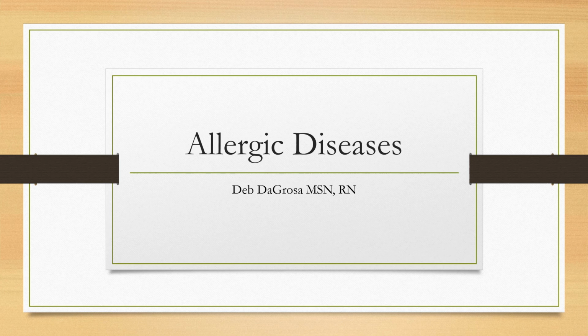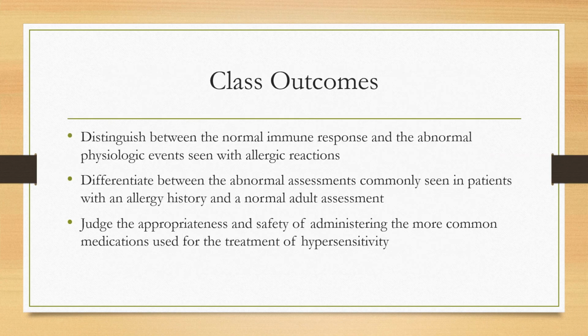I am talking about allergic diseases, allergic disorders today, and there was also a pre-assignment that was attached to this. So, the class outcomes for today: we are going to distinguish between the normal immune response and the abnormal physiological events seen with allergic reactions.